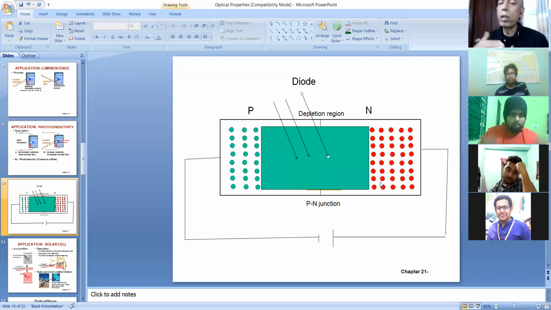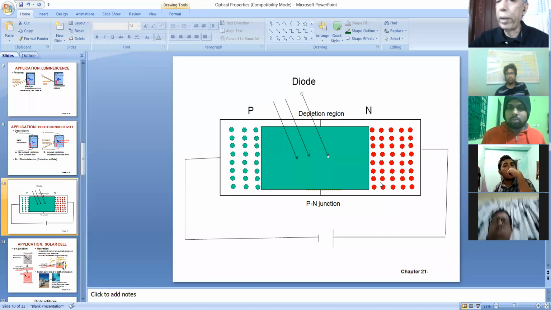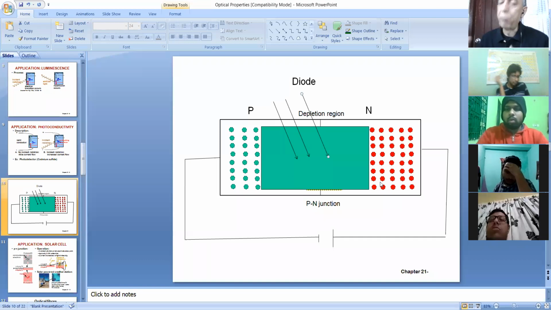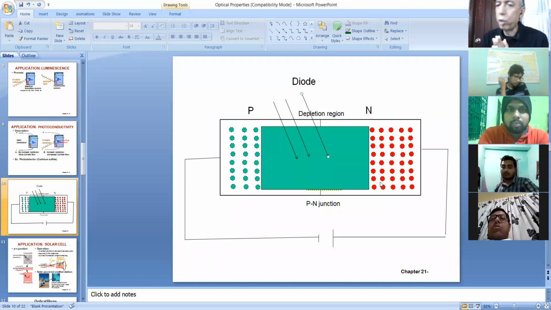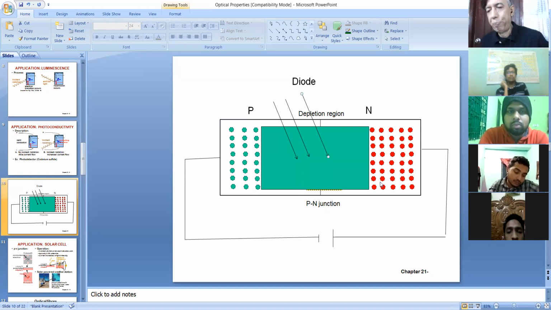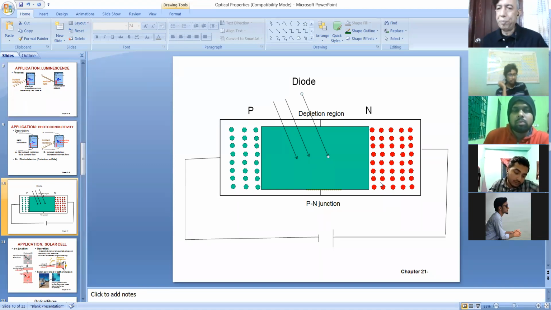The electron of the silicon will go to the conduction band or become free, because the energy of sunlight is greater than its band gap.